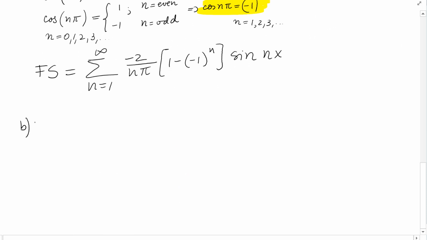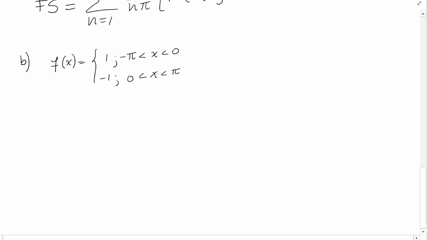In part B, they were asking us to find to what function the Fourier series converges. Again, f of x was given to be 1 for x between negative pi and 0, and negative 1 for x between 0 and pi.